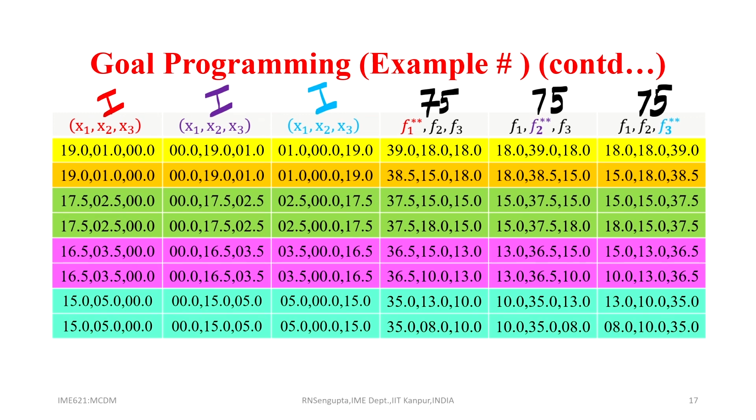This is a nice way of explaining that for different Pareto points we get the same objective function.